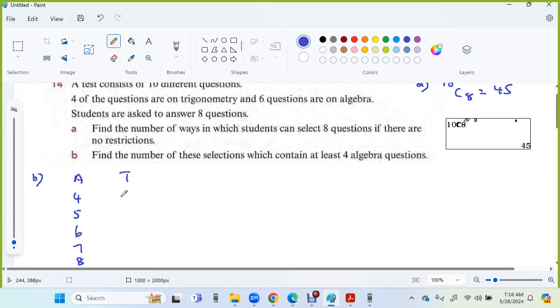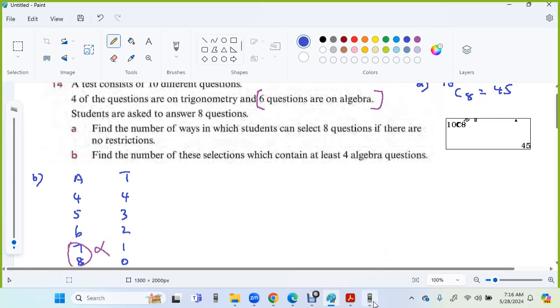And trigo, we will have 8 minus 4, 4, 3, 2, 1, 0. But the problem is we have 4 trigonometry questions. So this one no problem. And we have only 6 algebraic questions. So these two cannot.